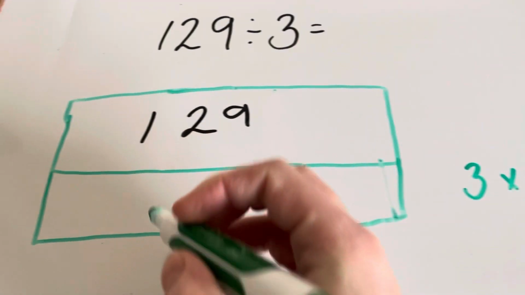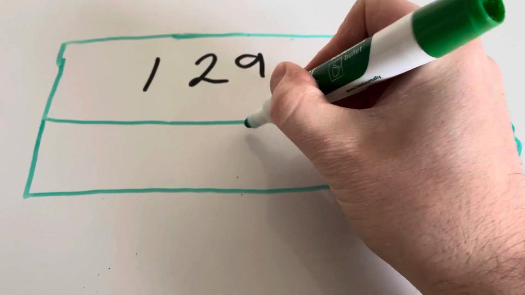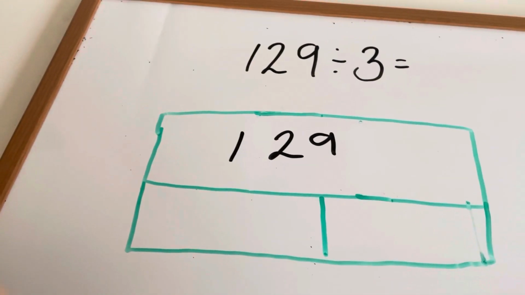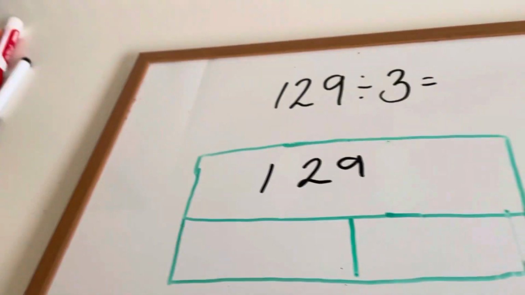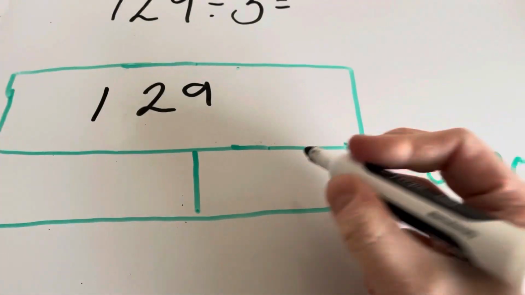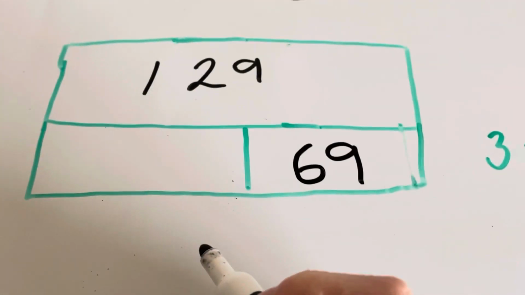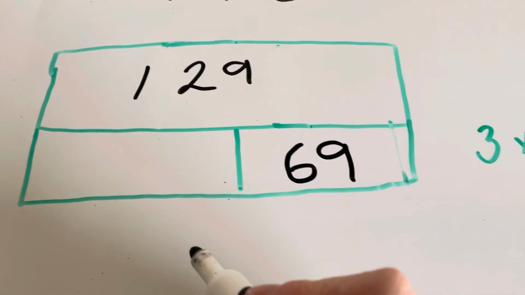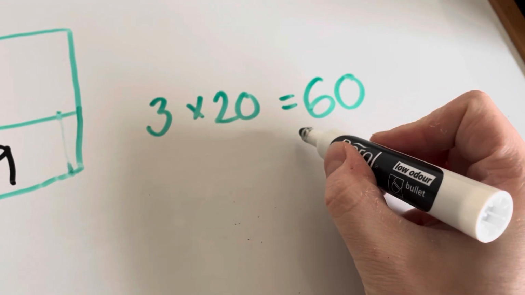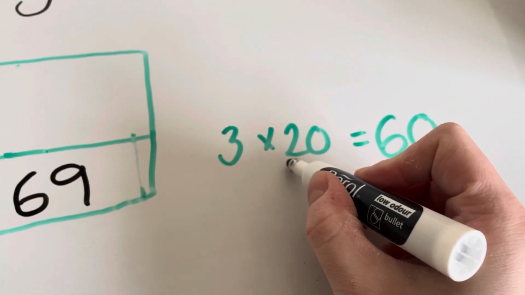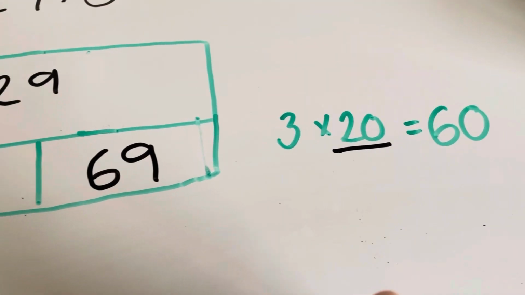So what I'm going to do is take away 60 from this, and that leaves me with 69 left to get rid of, which I'm going to put over here. So this is the number I've got left to get rid of. And on this side, I'm going to write down the chunk that I've taken away. Now I haven't taken away 60, I've taken away that in value, but the number of 3s I've taken away is 20.